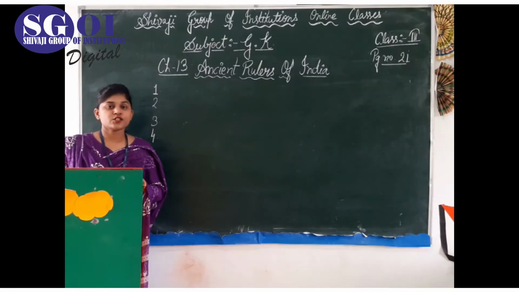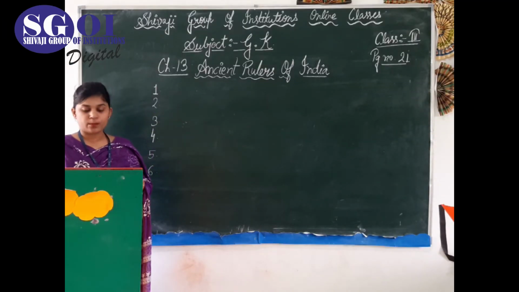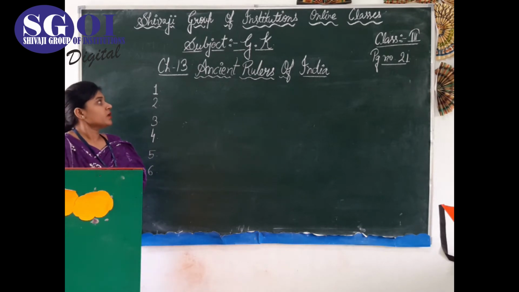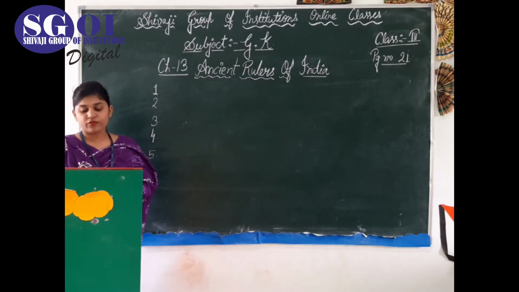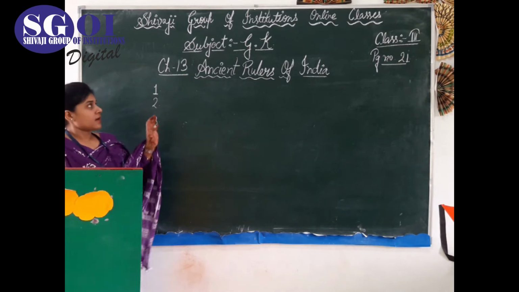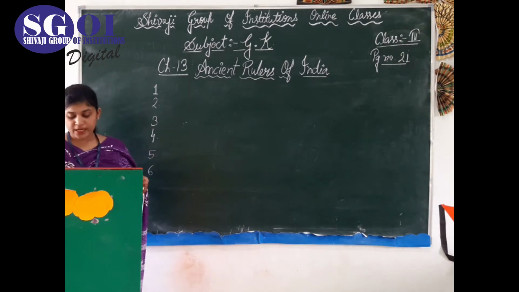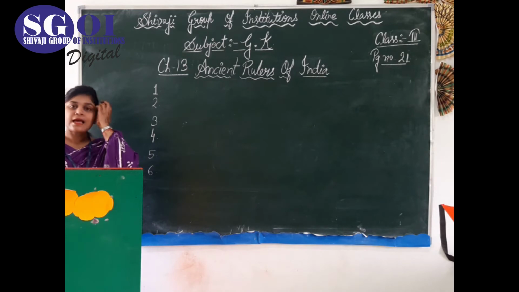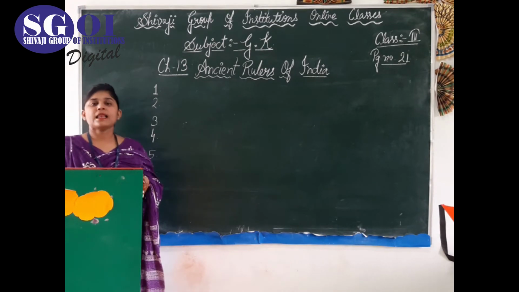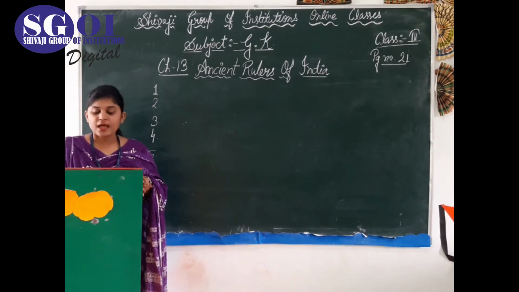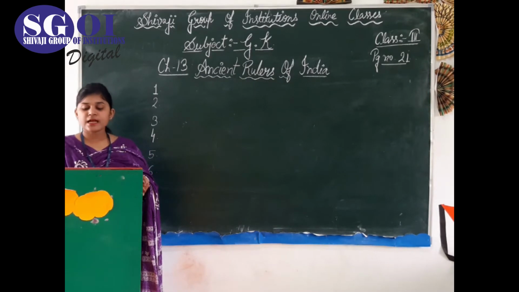Hello class, this is your GK period. So I will take out the GK book and open page number 21 and the chapter name is Ancient Rulers of India. India has also been a land of warriors. Here are the pictures and descriptions of some great rulers who made history.